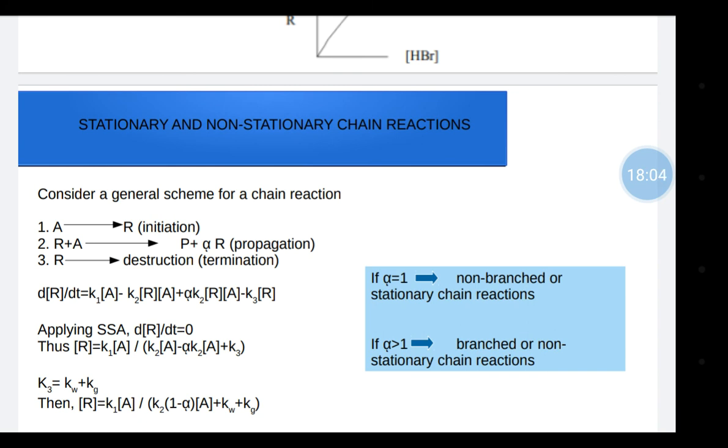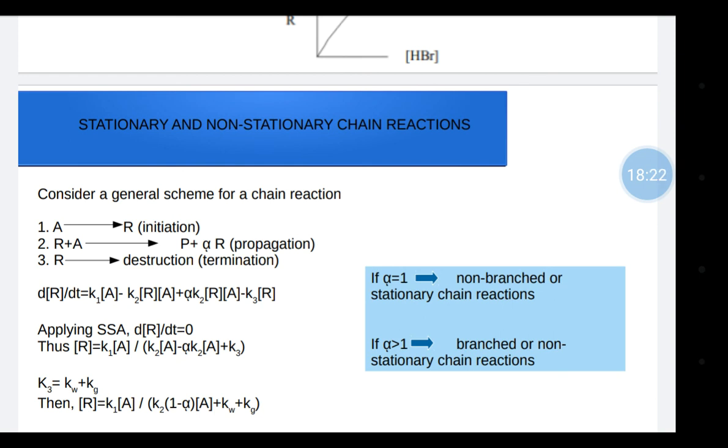See, the first term is K1 into concentration of A. This is the rate of formation of R in the initiation step. Now, R is used up in the propagation step, isn't it?